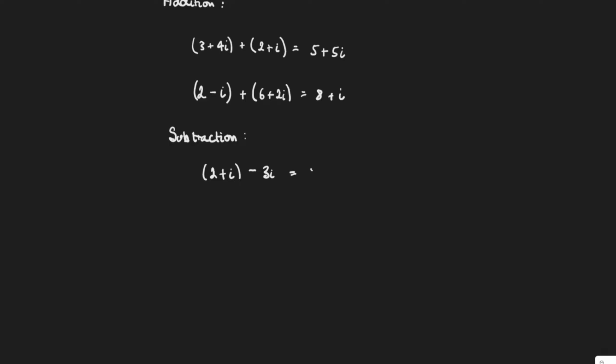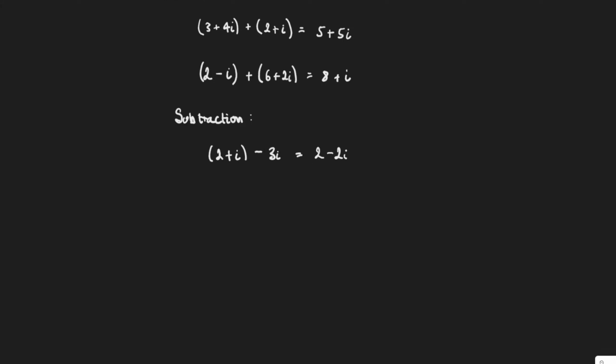Well, it's this simple, it's just 2 minus 2i, like so. There's no real part of this second complex number here. Therefore, all we need to do is subtract the imaginary parts of the complex number.